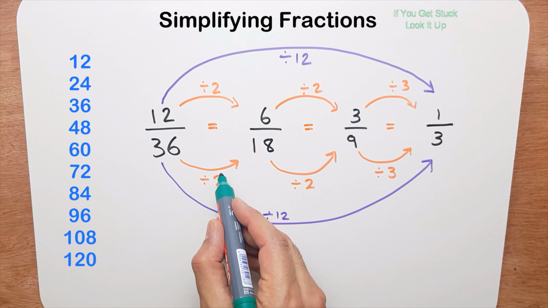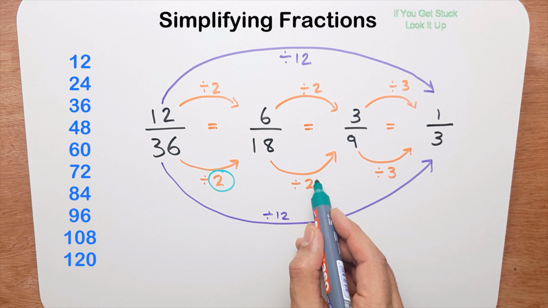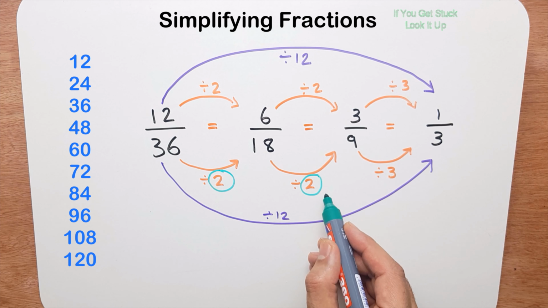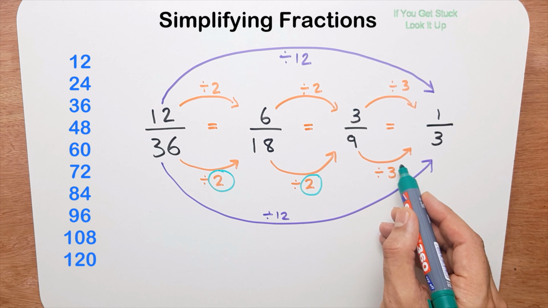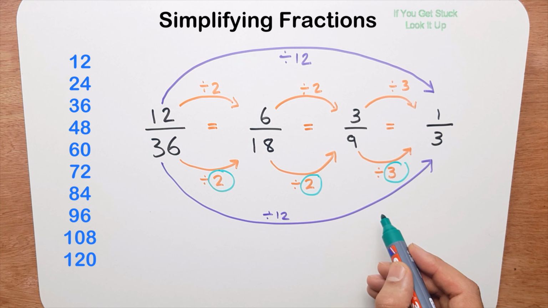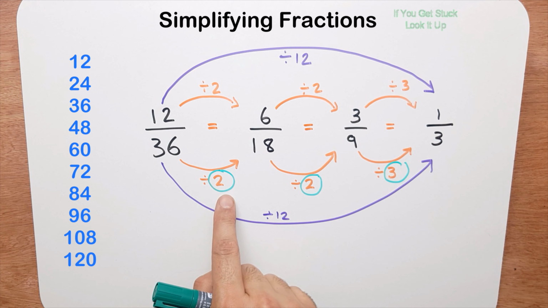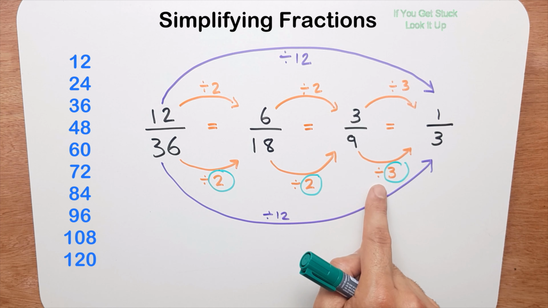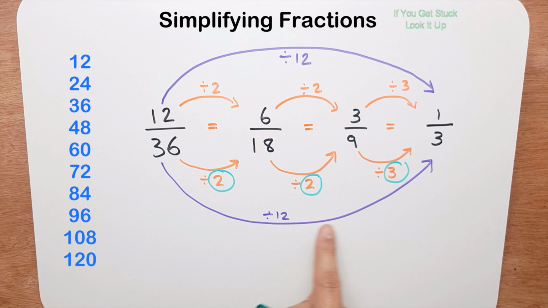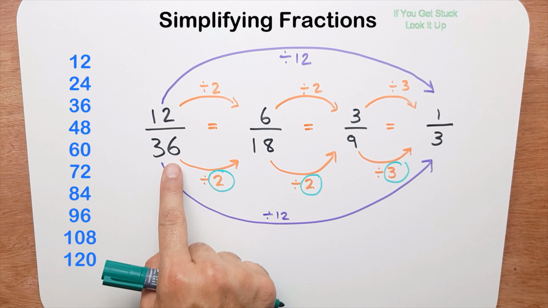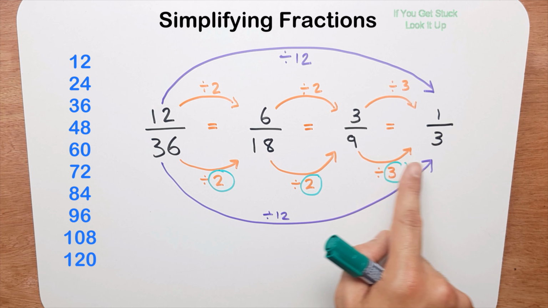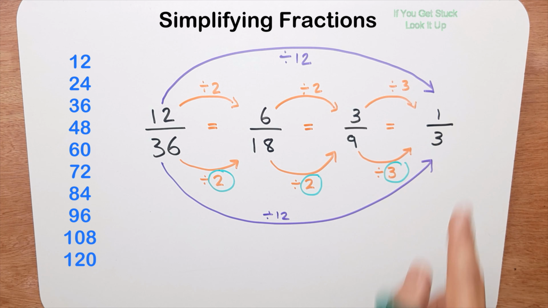If you look carefully, 2 times 2 is 4, times 3 is 12. So instead of doing it in 1, 2, 3 steps, I could have done it in a single step. Don't worry about this method too much. Just try to learn to simplify in the steps that you can recognize.